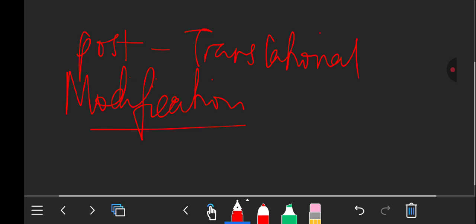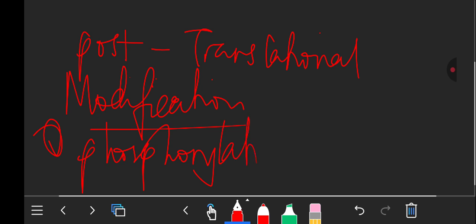So with post-translational modification, we may add some phosphate group by the process known as phosphorylation. With phosphorylation, we are adding the phosphate group to the chain which has been formed.